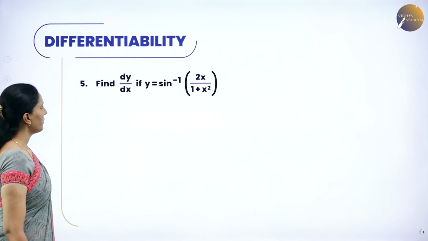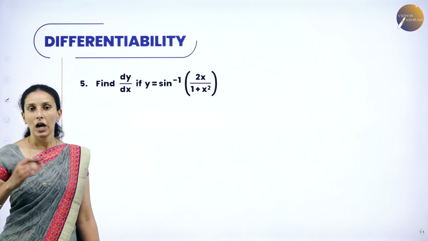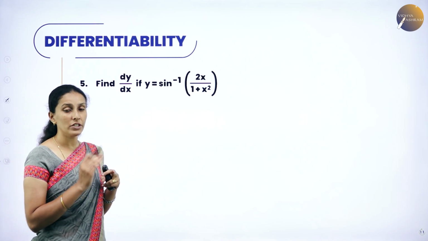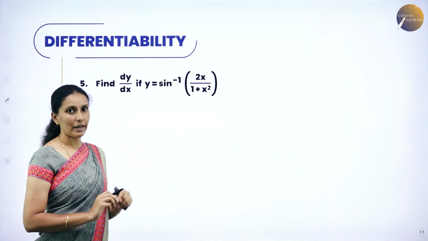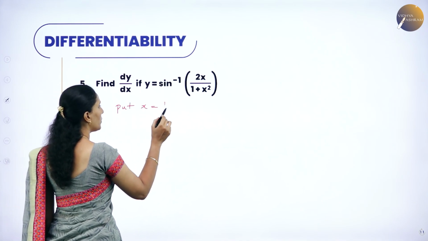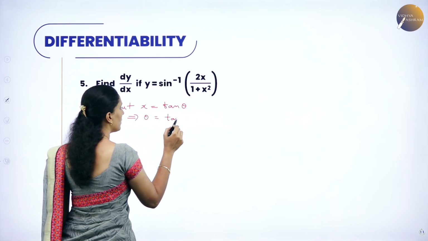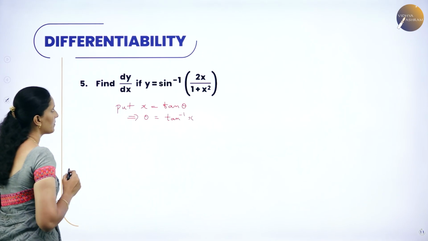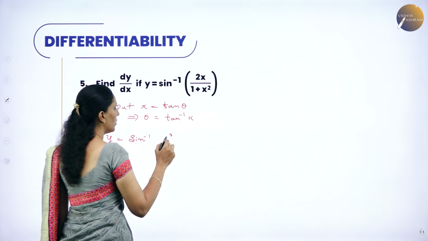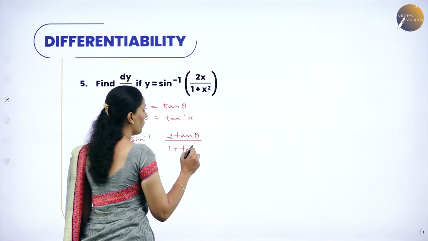Next question, find dy by dx if y is equal to sin inverse of 2x divided by (1 plus x square). I already said to you, when y is expressed in terms of an inverse trigonometric function, first simplify it and then derive it. So here also I'll put x is equal to tan theta. Then theta can be written as tan inverse x. So y is equal to sin inverse of 2 tan theta divided by (1 plus tan square theta).